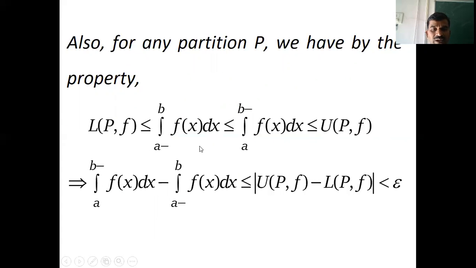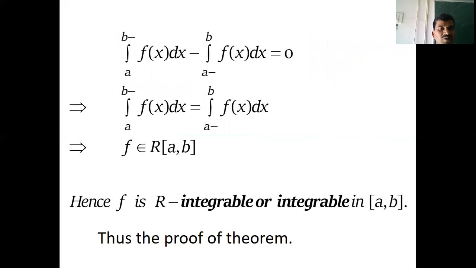So the upper integral minus the lower integral is less than epsilon. Since epsilon is arbitrary, however small, close to 0, the lower integral equals the upper integral, and hence f is R integrable on [a, b]. This is the proof of the necessary and sufficient conditions for R integrability.